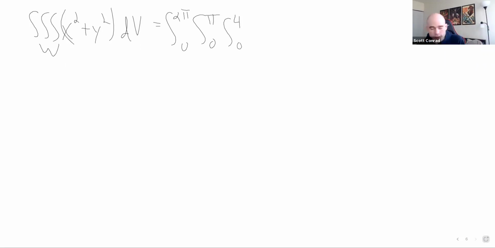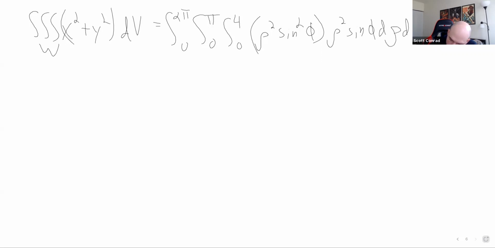So x squared plus y squared, changing x to rho sine phi cos theta, y to rho sine phi sine theta. Remember we said x squared plus y squared, the easy way to remember that is that's r squared, and r is rho sine phi. So this is rho squared sine squared phi, x squared plus y squared. And then dV, we said, is rho squared sine phi d rho d phi d theta.